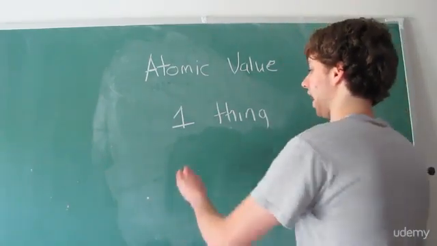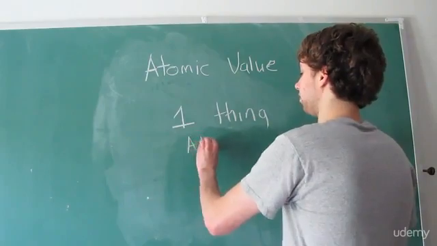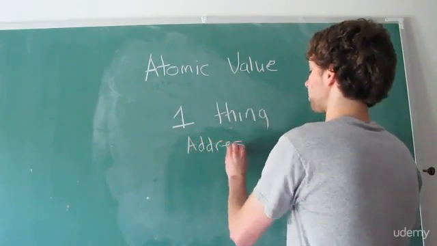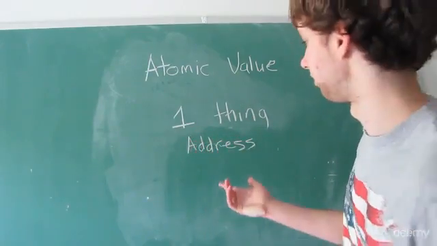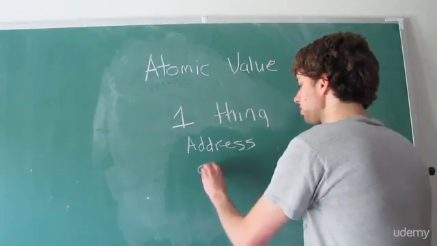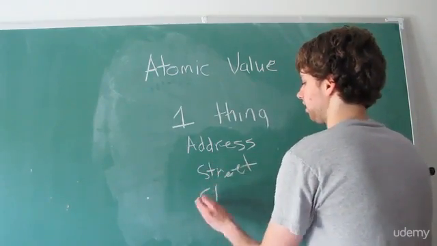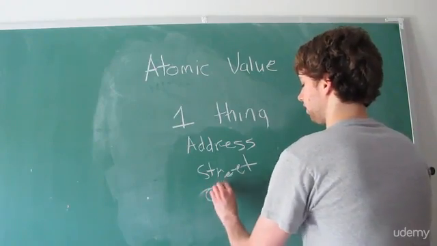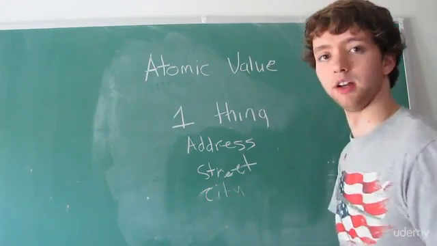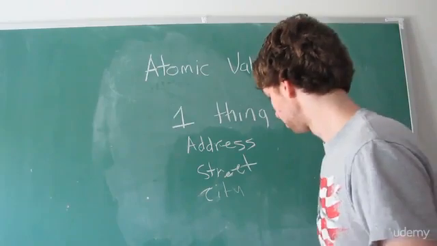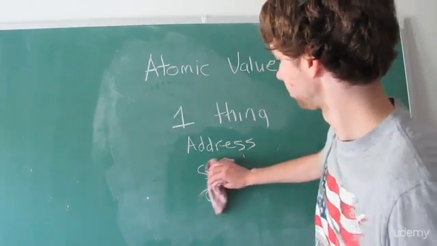When it comes to addresses, an address consists of multiple parts. We have a street address, a city, a state, and an area code or zip code.